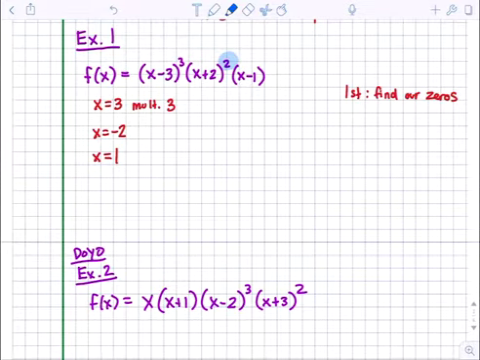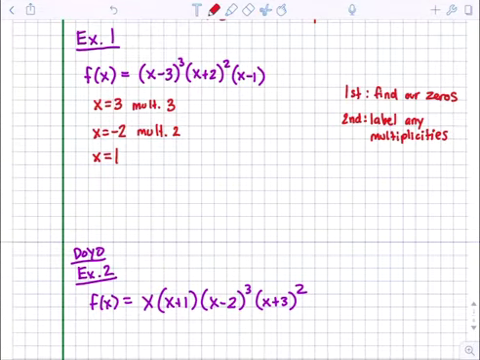There's 2 of them, so that means this is going to be multiplicity of 2. And x equals 1 just has a multiplicity of 1. You don't need to write multiplicity of 1 down, but you do need to write it down for multiplicity of 2 and 3. So we find our zeros, and the second step is to label any multiplicities.